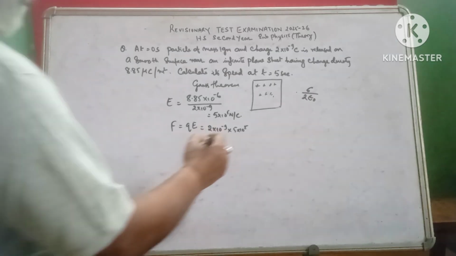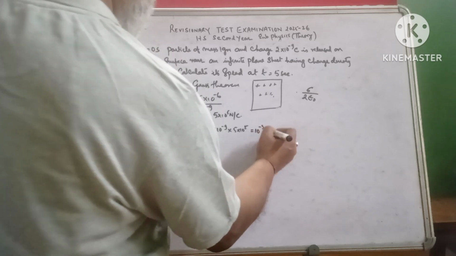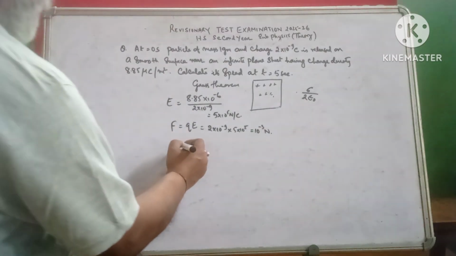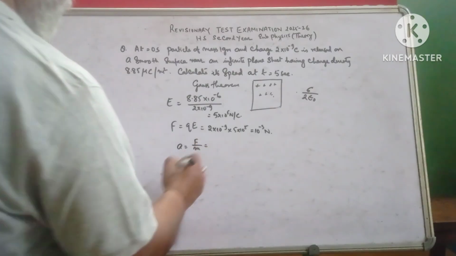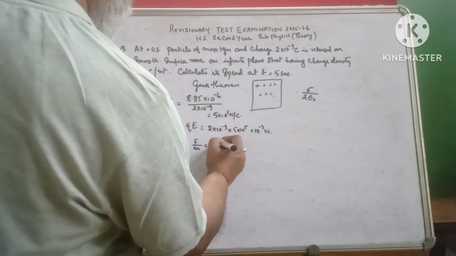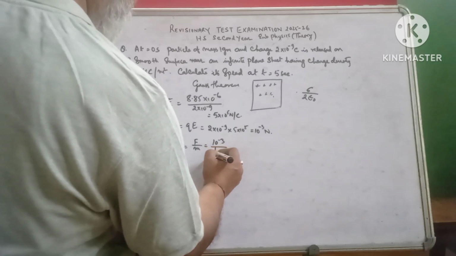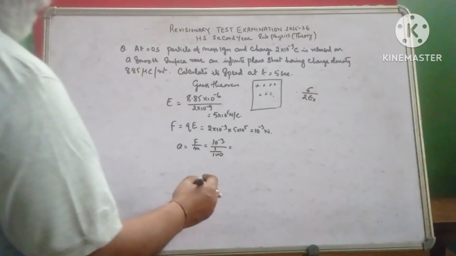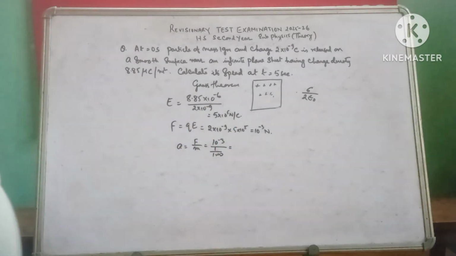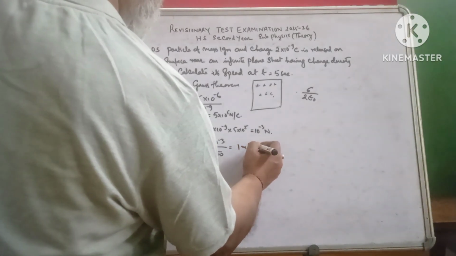So the force is 10 to the power of minus 3 Newton, and your acceleration will be equal to F by m. F is 10 to the power of minus 3, and the mass is 1 gram, that means 1 by 1000 kg. So your acceleration is 1 meter per second square.